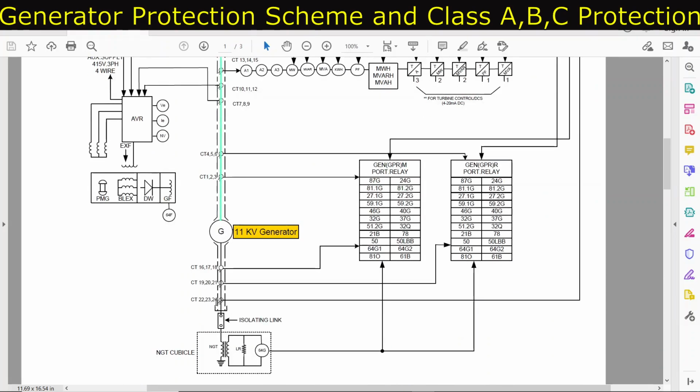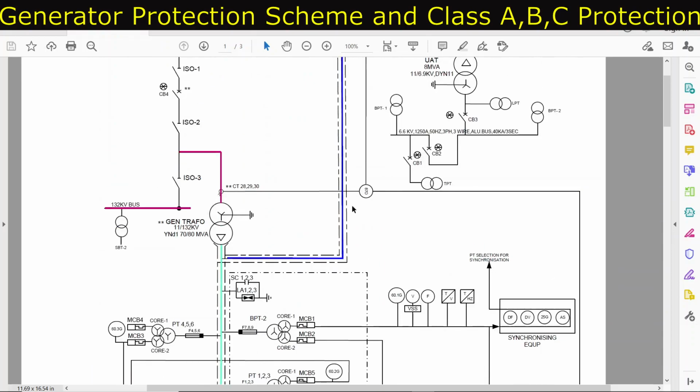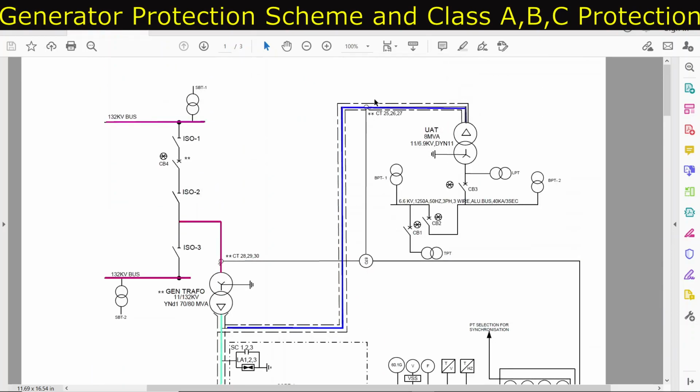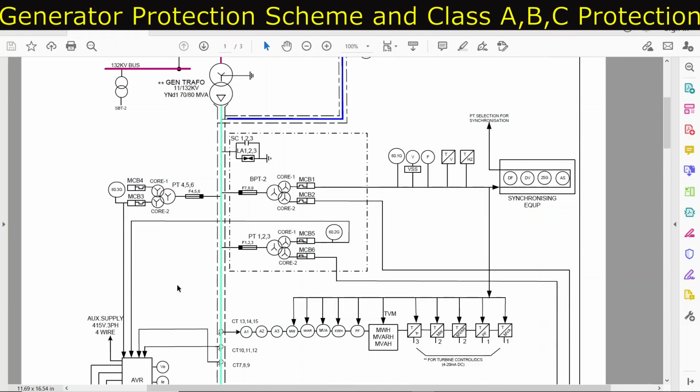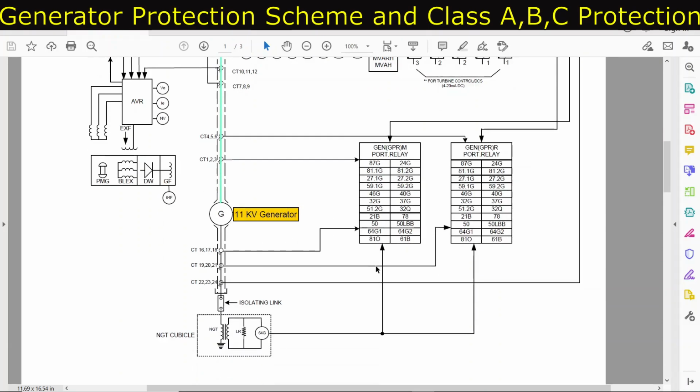That's why the neutral CT is being taken for the overall differential protection, and this also covers the UAT. That is called overall differential protection. So this is the overall SLD, the basic SLD you can say here.